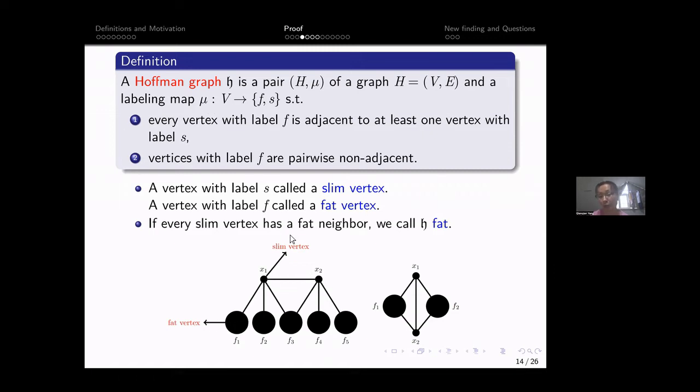This is how we usually draw Hoffman graphs. Here, the left is a Hoffman graph with two slim vertices and 5 fat vertices. And we can check the definition that every fat vertex is adjacent to a slim vertex, and the fat vertices are pairwise non-adjacent. So this is a Hoffman graph, and the right side is also a Hoffman graph.